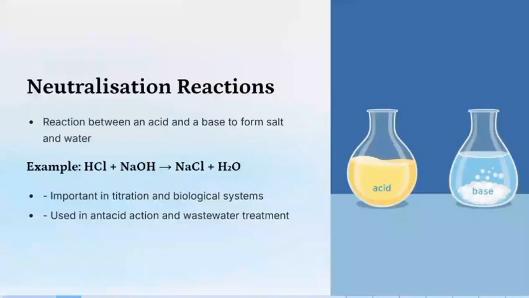And 5.5 till 8.5 is still around the range of neutrality. So when you see a solution that has a pH reading of 5.5 or 8.5, you can still tell that solution to be partially neutral.